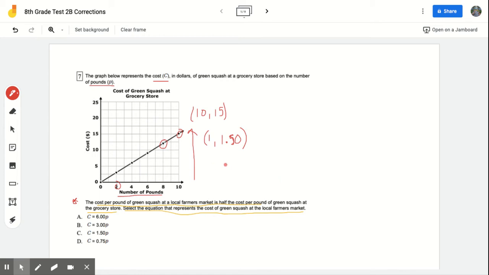So I know that at the store it costs $1.50, and at the farmer's market it costs half as much per pound. So if it costs $1.50 for 1 pound at the grocery store, half of this would be 75 cents.